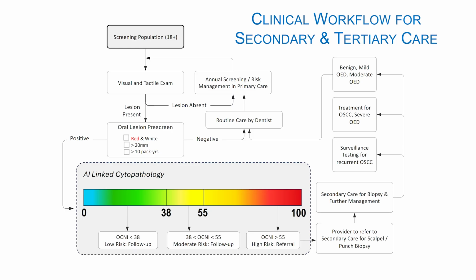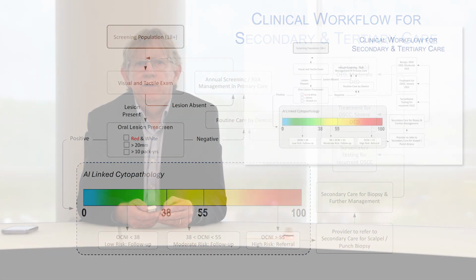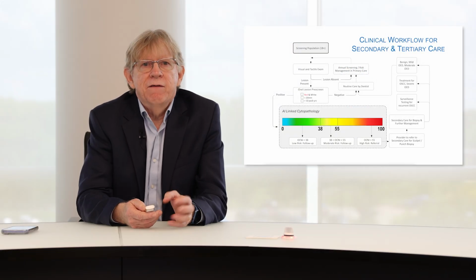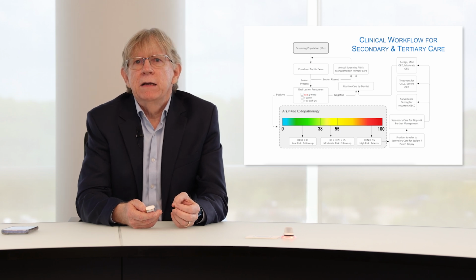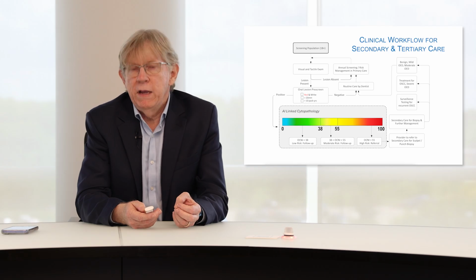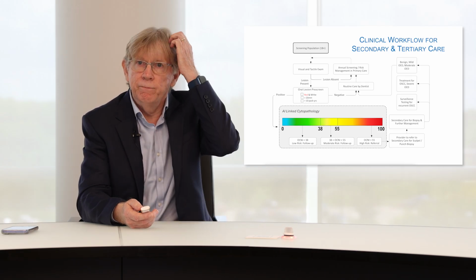So we have an additional dynamic on the right-hand portion of this particular slide. We have patients that have been found to be at risk and have been referred and have an OCNI score, let's say, greater than 55, and now are moving into surveillance and looking at these patients as a function of time. So I'm now going to give you a sneak preview of what we're actually seeing when we do this.